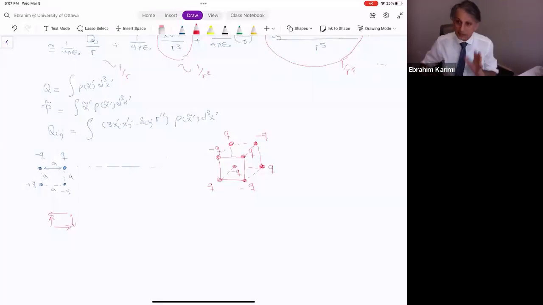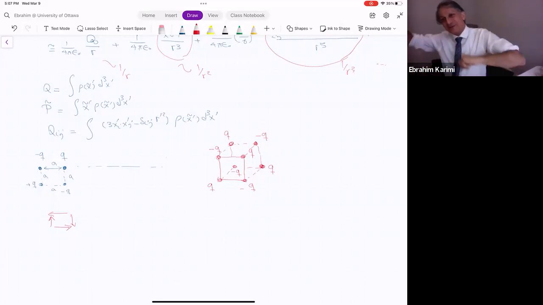And if you look at that, monopole is 0, dipole is 0, quadrupole is 0, then you have to go to the other one. You have to calculate T_ijk, okay? And then that tensor of rank 3 is not 0 anymore.